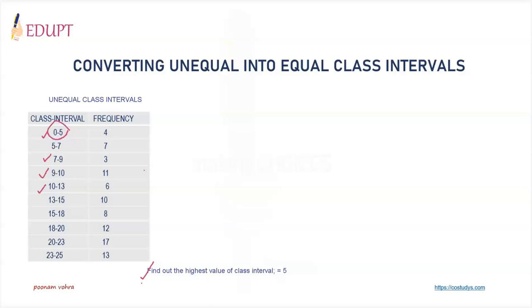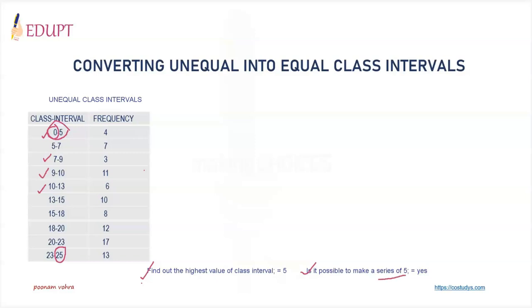It is all less than 5. Then find out whether it is possible to make a series of 5 in this case. Yes, it is possible. The lowest value is 0 and the highest value is 25. So one can make a series of 5.